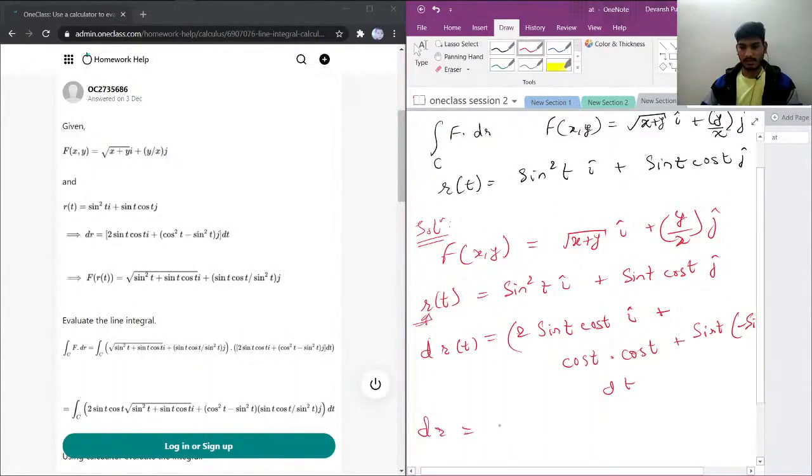Dr is 2 sine t cosine t I cap plus cosine square t minus sine square t j cap, and this will be dt.